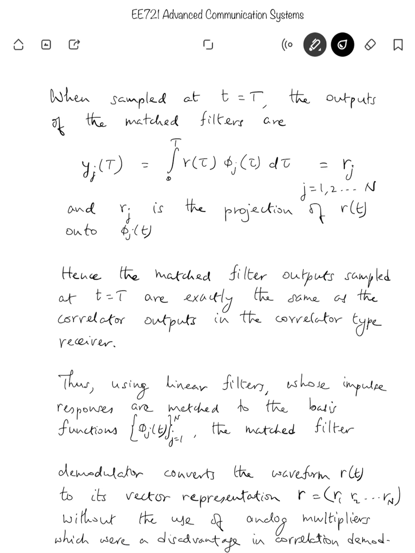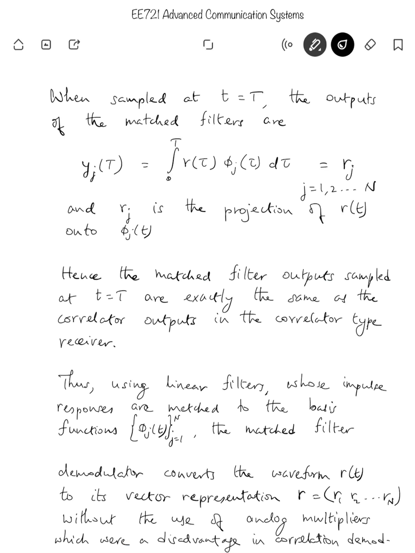Okay, we have implemented this using a matched filter demodulator, wherein the impulse response of the matched filter is matched to the signal of interest. In this case, it is matched to the basis functions of the signal space that represent our signals. So by doing so and sampling at a specific moment, we are able to compute the projections of the received signal R of t onto each of the basis functions.